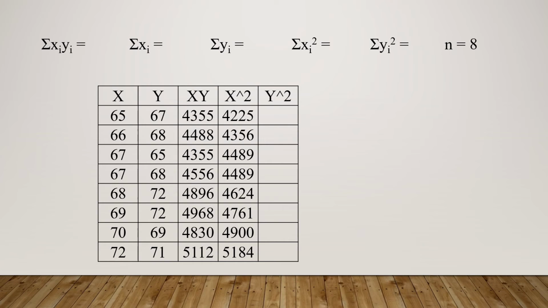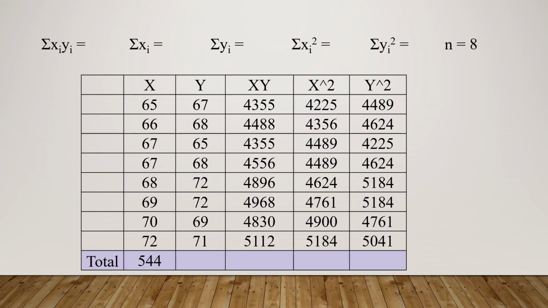Then we need the values of y square, which are 67 into 67, 68 into 68, so on and so forth, which can be obtained as follows. We now require the sum of values in each column to fill up the tabulated form which we have listed above, required to obtain the correlation coefficient shown in the formula.